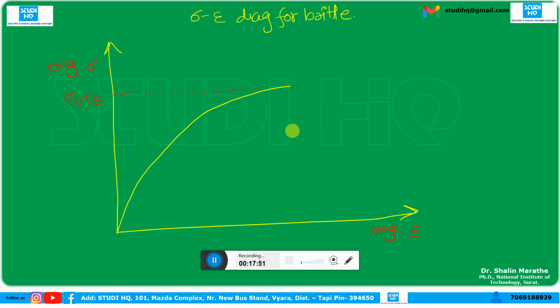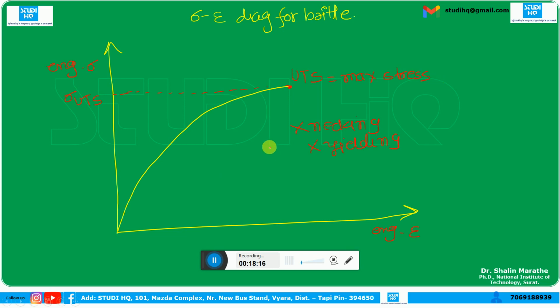So there is no necking, there is no yielding. Okay, there is only the UTS point, which is the maximum stress that can be taken by the material.